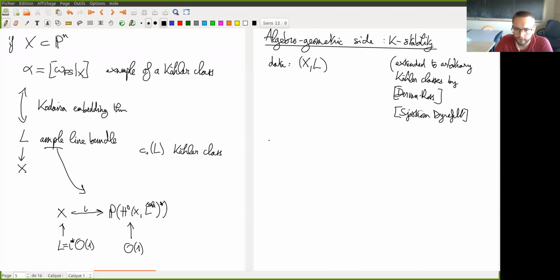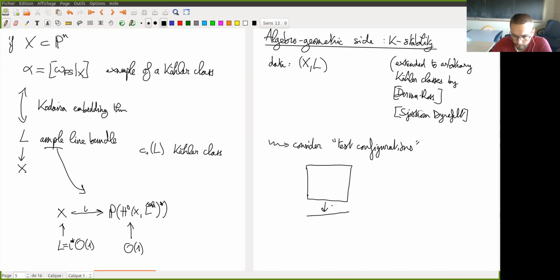Then to this data, you can associate so-called test configurations, which are the following. The test configuration will be a pair, and the important part is the first, curly X. Curly X is this space here.